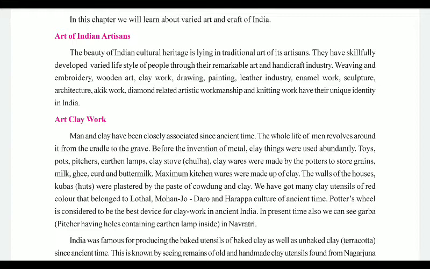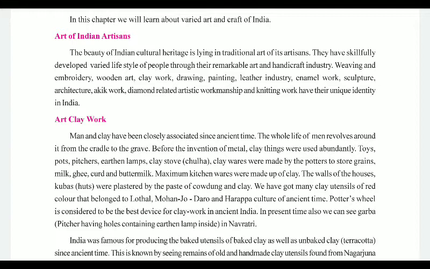Before the invention of metal, clay things were used abundantly. Toys, pots, pitchers, earthen lamps, clay stoves, and clayware were made by the potters to store grains. Milk, ghee, curd, buttermilk, and most kitchenware were made of clay. The walls of the houses were plastered with a paste of cow dung and clay.